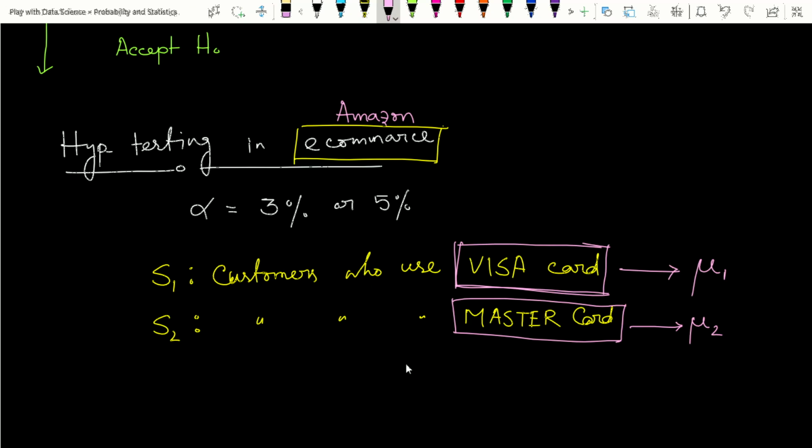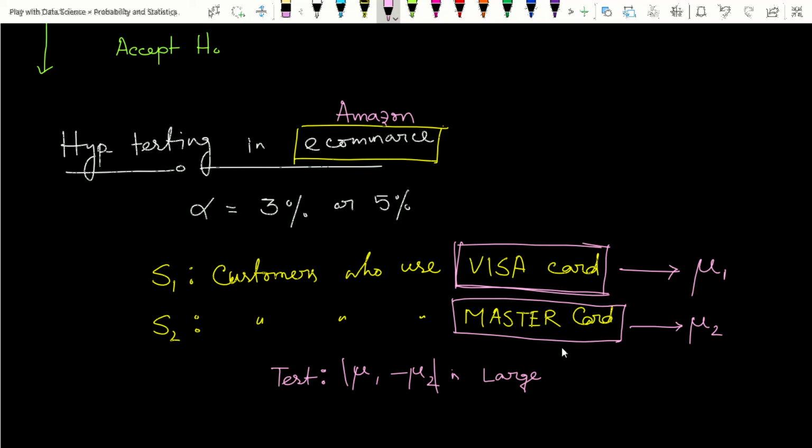And the test that we are interested in doing here is: is the difference between mu1 and mu2 large or not?